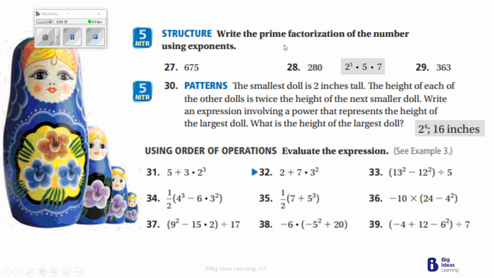So using prime factorization, I cannot take a number and multiply it to itself to get 5 or 7. But when I take 8, I can take 2 and multiply it to itself 3 times to get 8. So that's how we came up with that one.